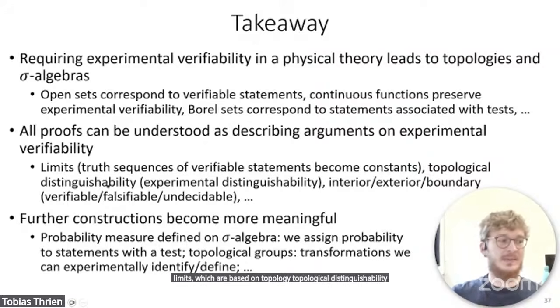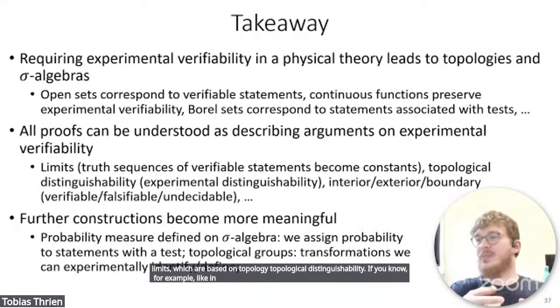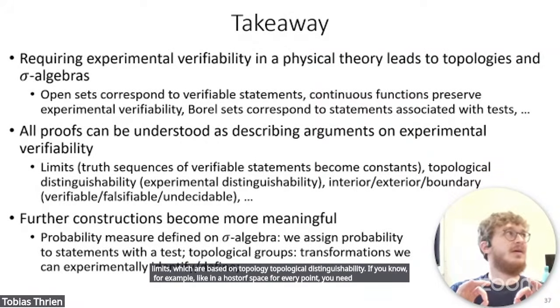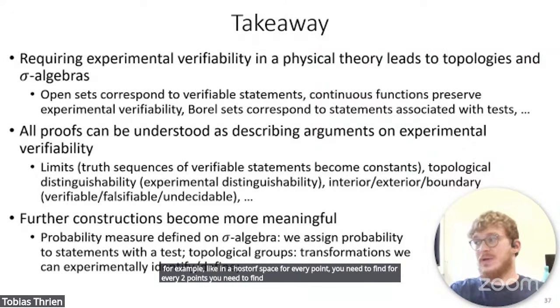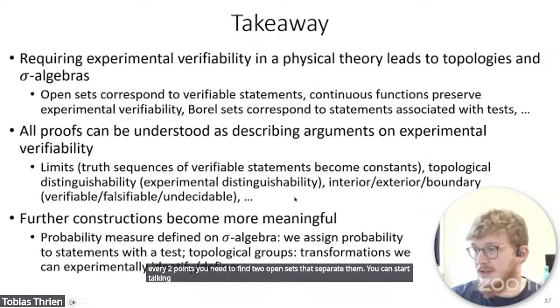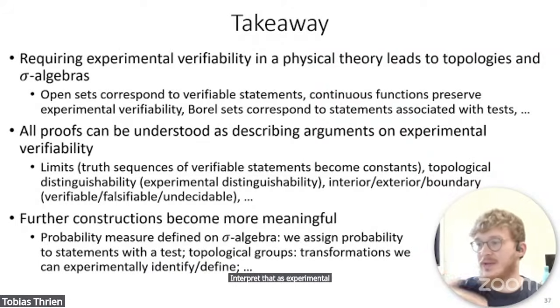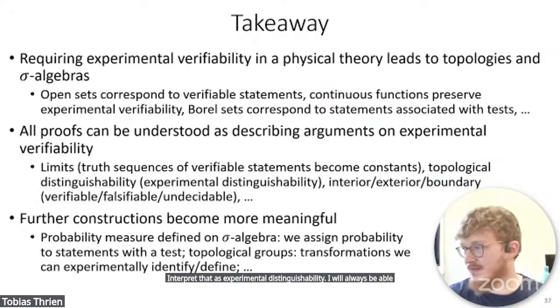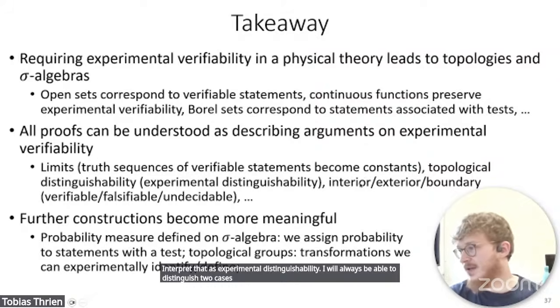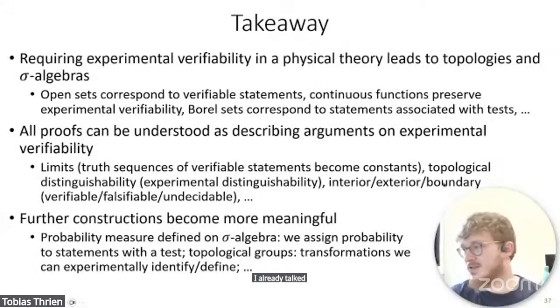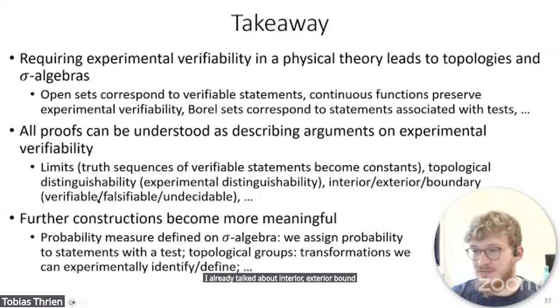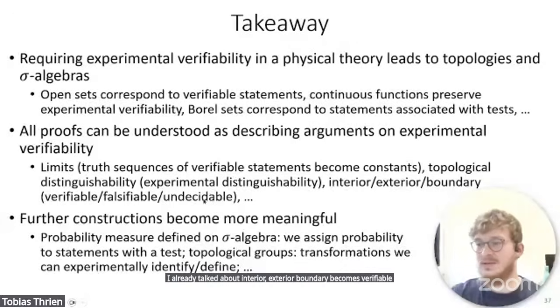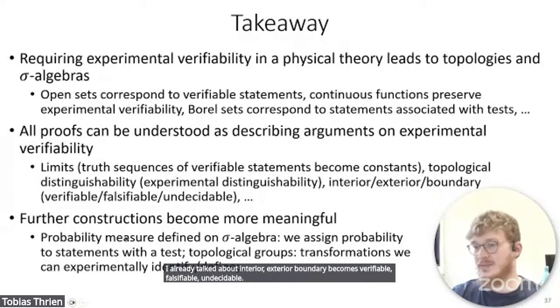In a Hausdorff space, for every two points you need to find two open sets that separate them. You can interpret that as experimental distinguishability: I will always be able to distinguish two cases. I already talked about how interior, exterior and boundary become verifiable, falsifiable and undecidable. So really a very nice map.